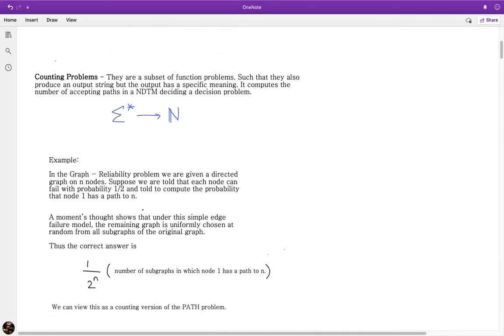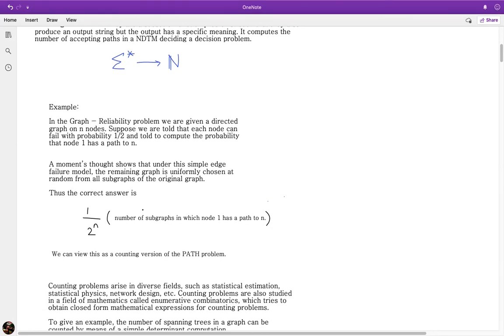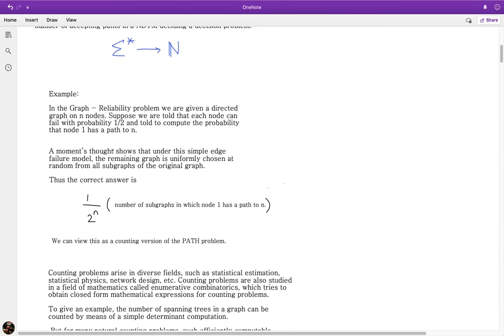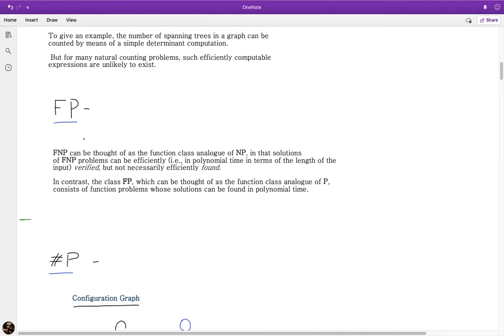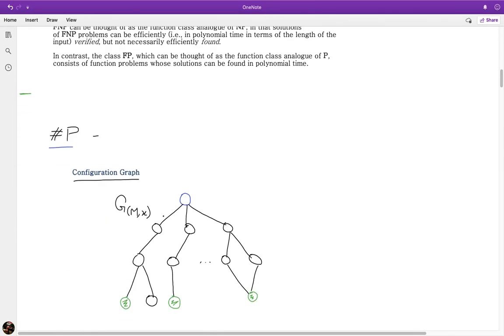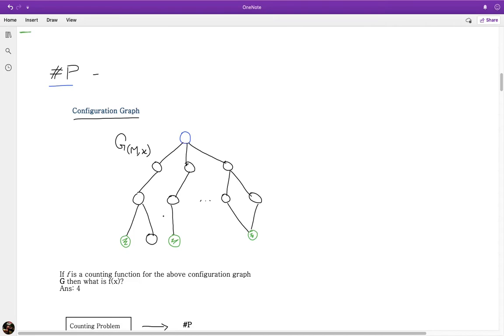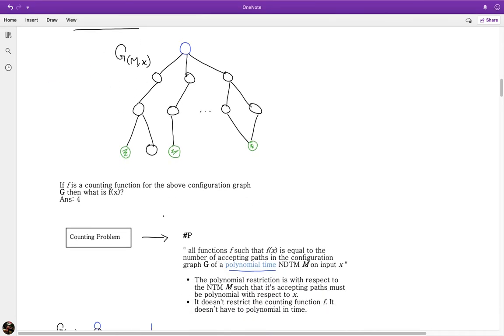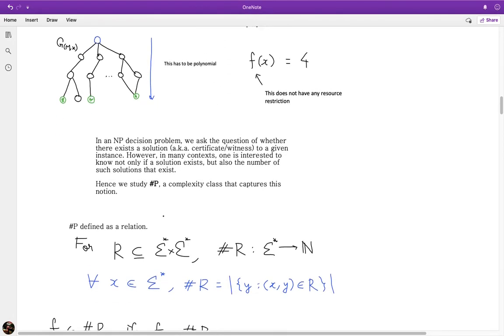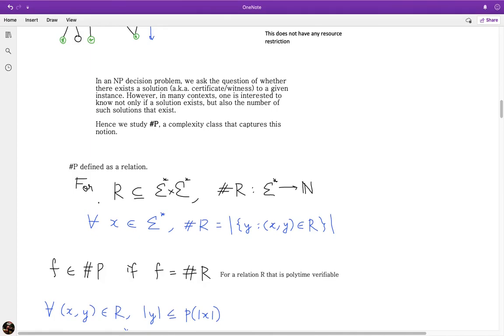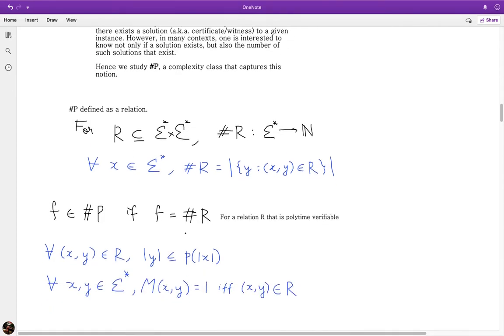And we looked at an example of a counting problem where we modeled a probability finding problem into a counting problem, and we defined the class FP, which is function polynomial, and then we looked at hash P. So we defined what the class hash P is, and we went through its definition in the form of a relation.